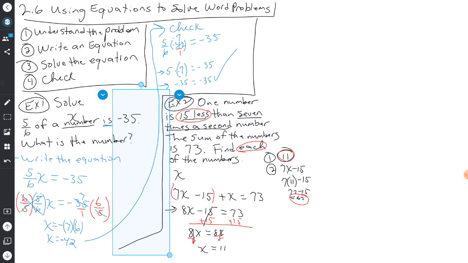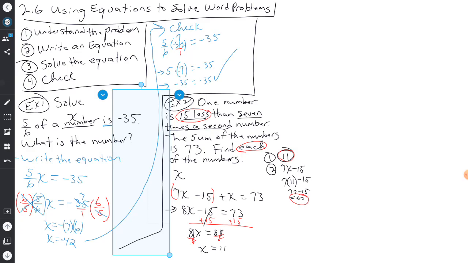So we took 7x minus 15 and substituted in the 11 for x. After we did the work there, we get 62. So one number is 11, and the other number is 62.